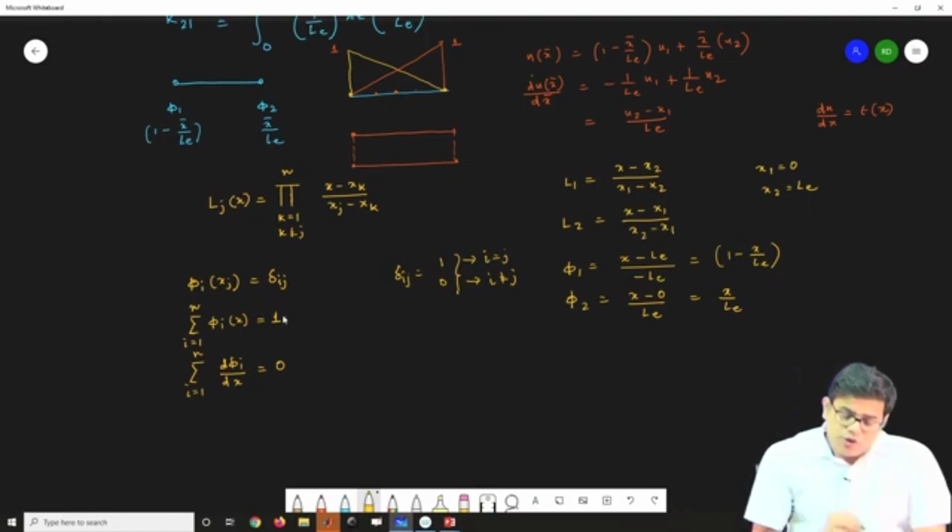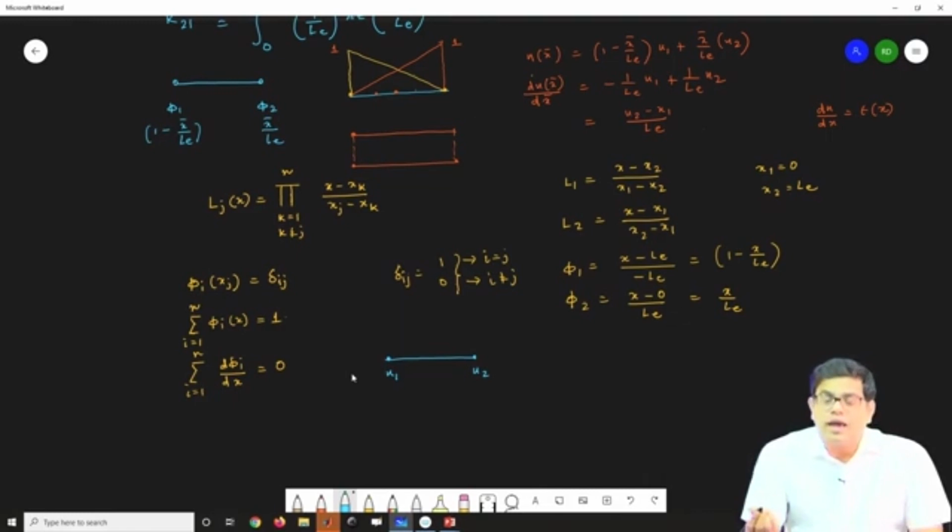Suppose we want to represent a constant field in the domain. A constant field means that u1 and u2 do not vary. If you remember my initial approximation, u of x is a plus bx.